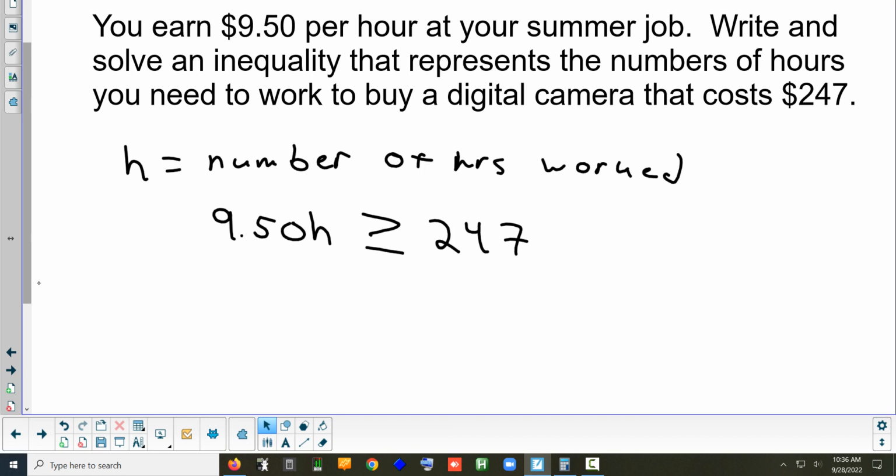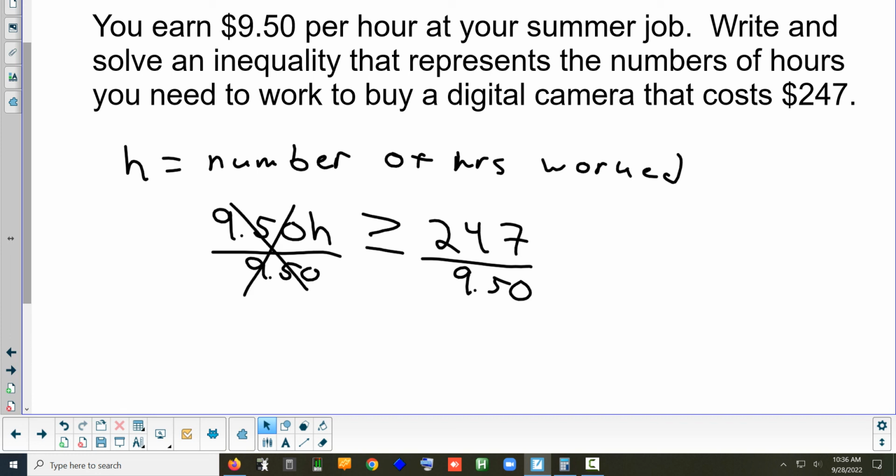So, Cadence, how would I solve that for H? Divide each side by 9.5. Should I flip my inequality? What do you think? Finnegan? No, I didn't multiply or divide by a negative.